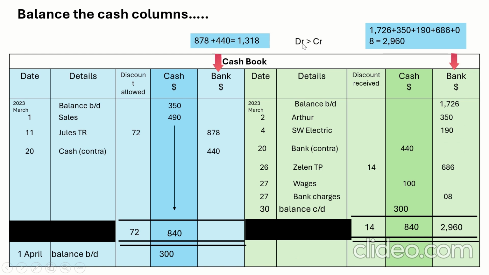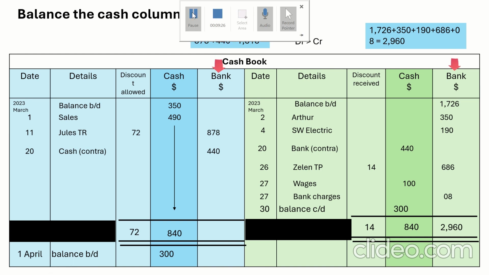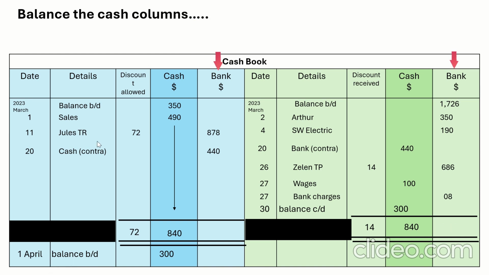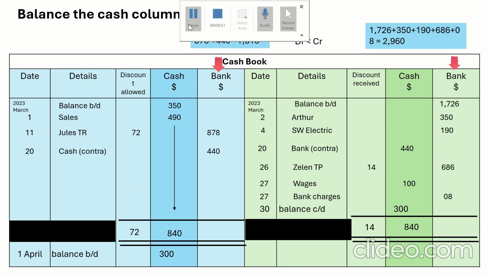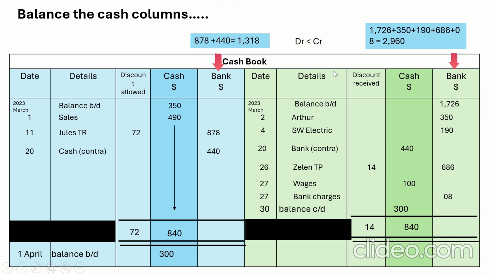Sorry, there is an error over here. It should be credit side greater, 2960. The credit side is greater than the debit side.